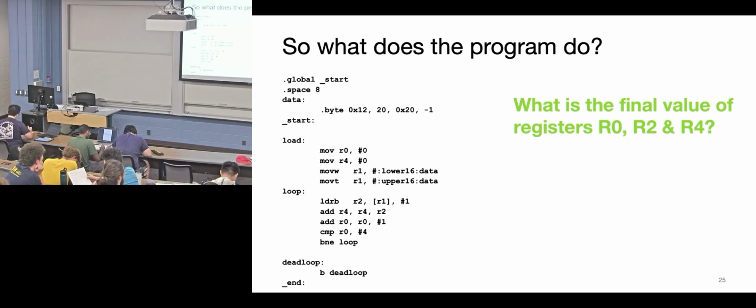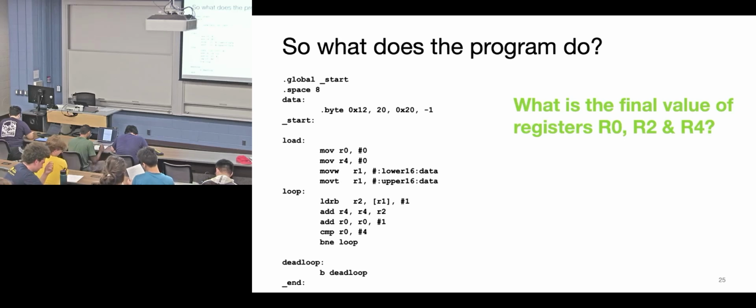It's probably zero. He will show the answer. Oh, this is just a for loop, for i equals 0, i plus plus.